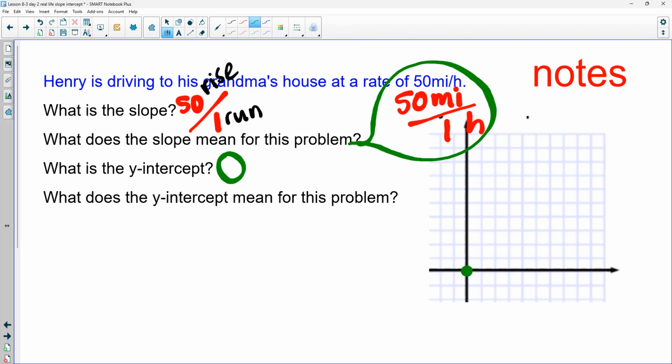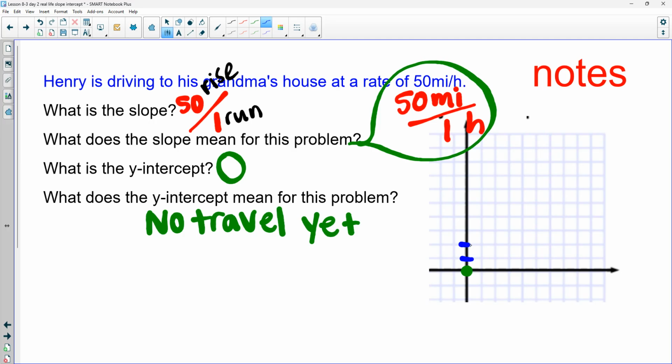what does 0 mean in this problem? Henry has not traveled anywhere yet. He is sitting in the car, in the garage, waiting to go. So he's gone nowhere yet, but he's about to drive 50 miles per hour. So I have to think about how to number this.